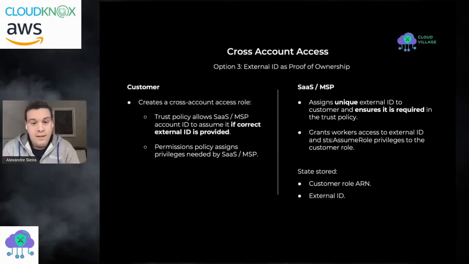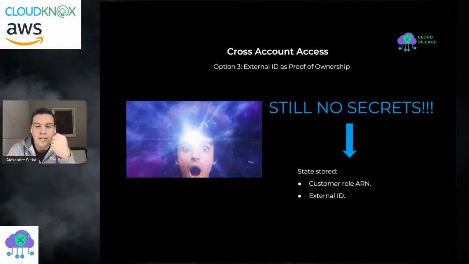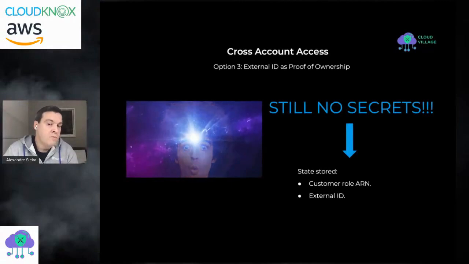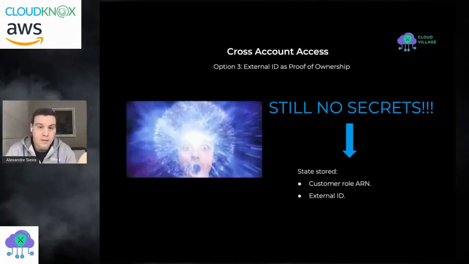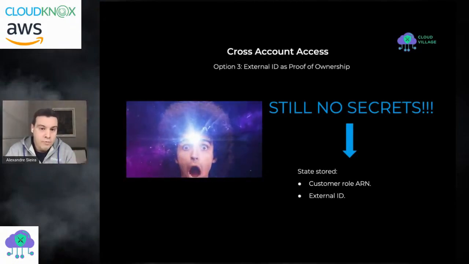Once that happens, everything is the same. The thing that changed is that there's now an additional piece of state that the vendors need to keep around, which is not only the customer role ARN, but also the challenge value. But let's keep in mind, neither of those are secrets.